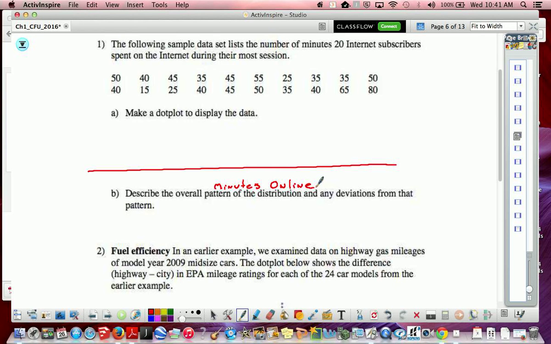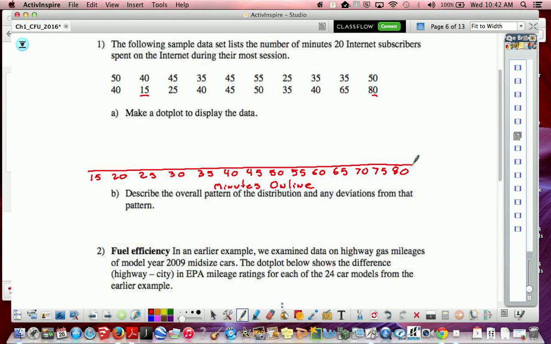Looks like the low goes from 15 all the way up to a high of 80. So I'm going to start at 15 and count by 5s: 15, 20, 25, 30, 35, 40, 45, 50, 55, 60, 65, 70, 75, 80.